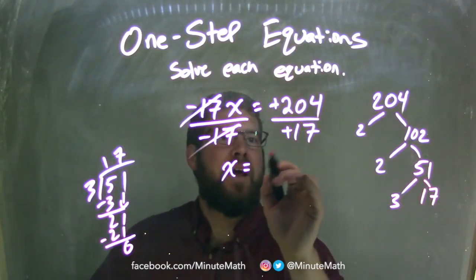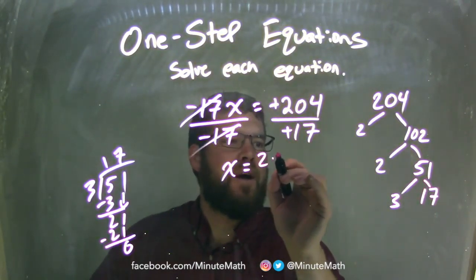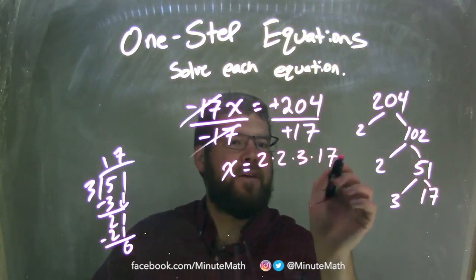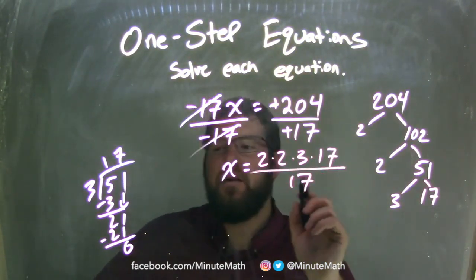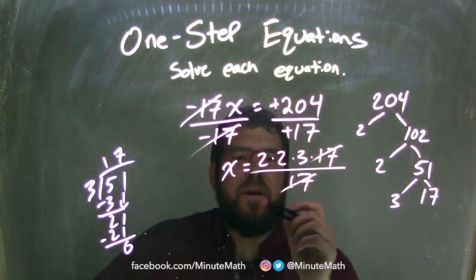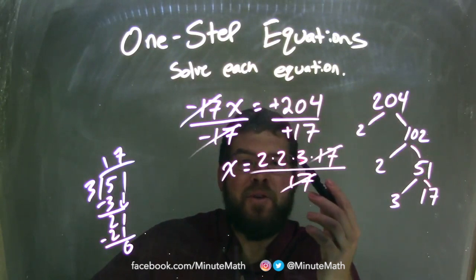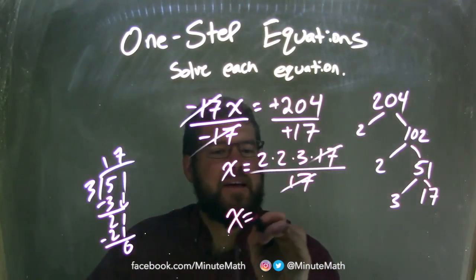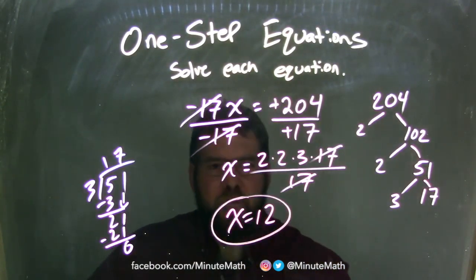Now if I multiply it out, I can rewrite 204 as 2 times 2 times 3 times 17, all over 17. This makes it easy, the 17 will cancel. So now we're left with 2 times 2 times 3. 2 times 2 is 4, times 3 is 12, and so x equals 12 is our final answer.